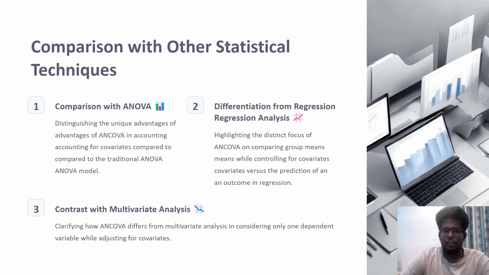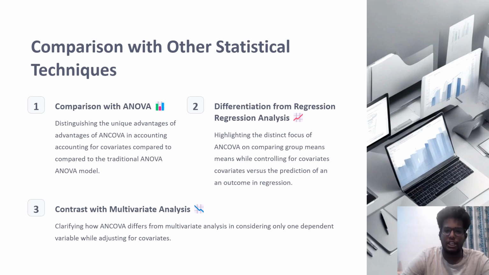Now we'll see how ANCOVA compares to other statistical techniques. First, compare it with ANOVA. ANCOVA is distinguished from ANOVA by accounting for covariates compared to the traditional ANOVA model.